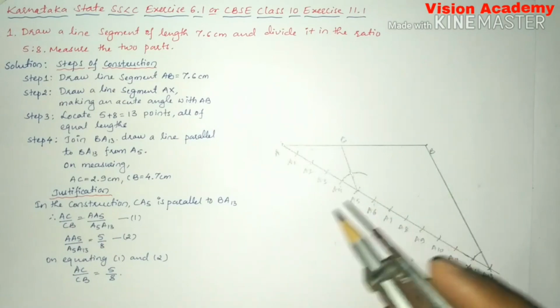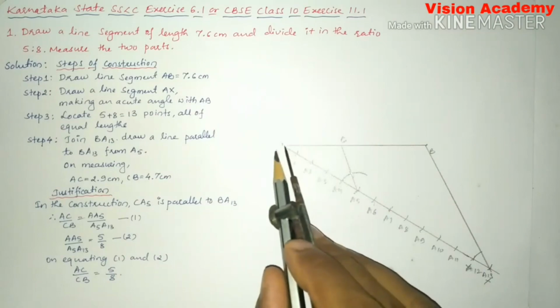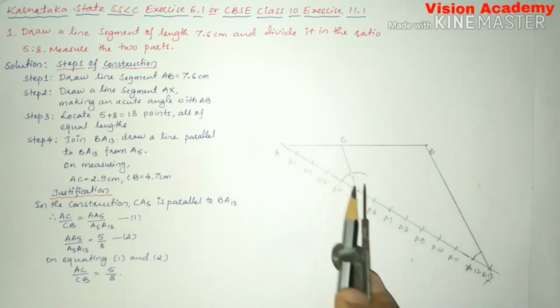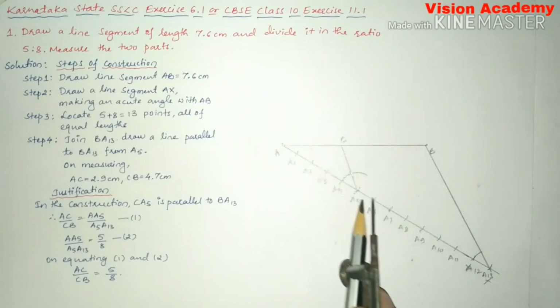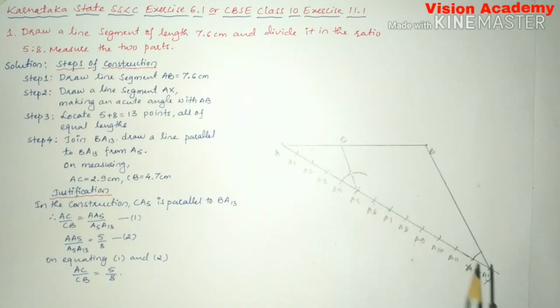BA13. Therefore, we can write as per basic proportionality theorem, AC divided by CB is equal to A5 divided by A5A13.